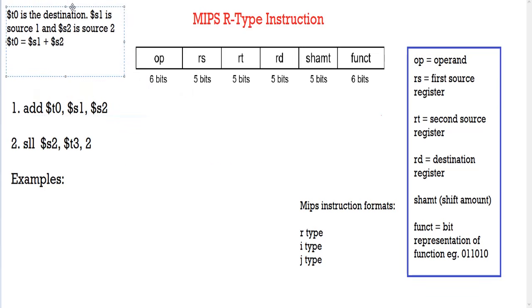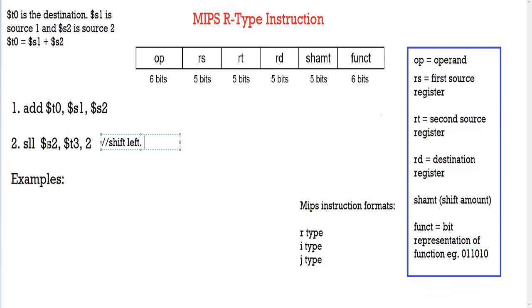Next, we have another instruction here. As you can see, I've written SLL, which means shift left. Here your destination is again register S2. In R type instructions, the first register that you see, the leftmost one, is always your destination.